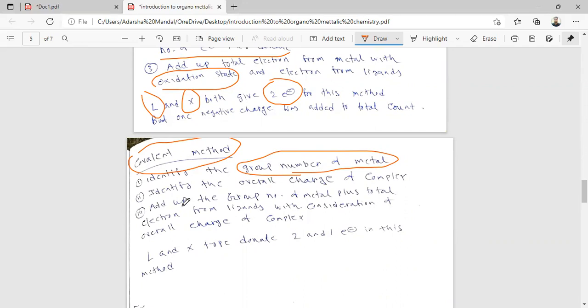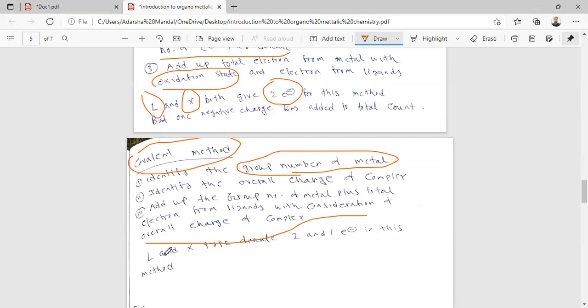Then we add up the group number of the metal and the electrons from the ligands, with consideration of the overall charge of the complex.